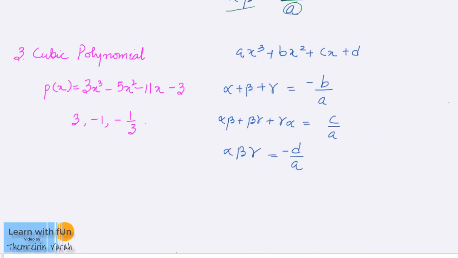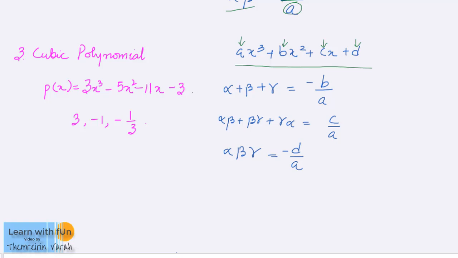Now the cubic polynomial relationship. The general form of a cubic polynomial is ax cube plus bx square plus cx plus d. a is the x cube coefficient, b is the x square coefficient, c is the x coefficient, and d is the constant term.